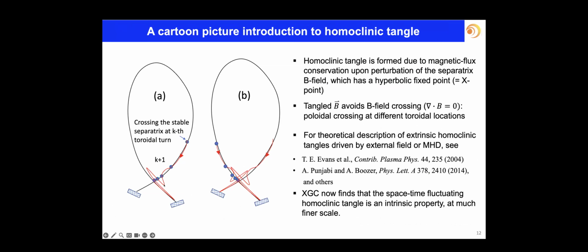Magnetic field lines can never go to the X point. The distance becomes shorter and shorter. So when it comes back here, the field line perturbation will become longer and longer due to preservation of magnetic flux. Magnetic flux has to be preserved, divergence has to be equal to 0, all those things.